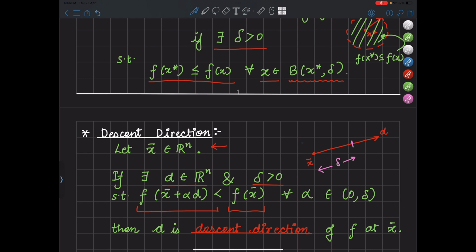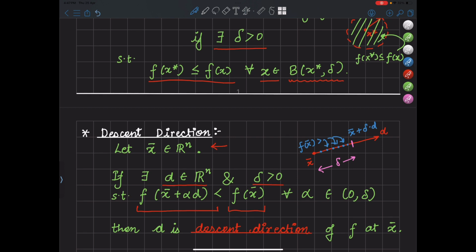Then if f(x bar) is greater than the function values on the whole of this line between x bar and x bar plus alpha delta d, if f(x bar) is greater than all of these points, then this direction d is said to be a descent direction.